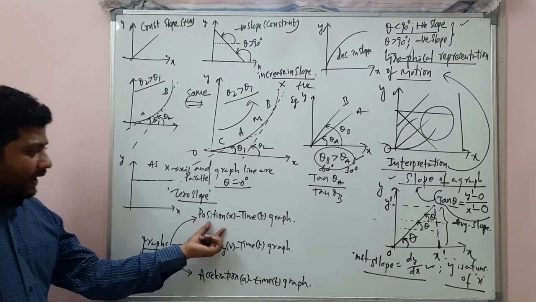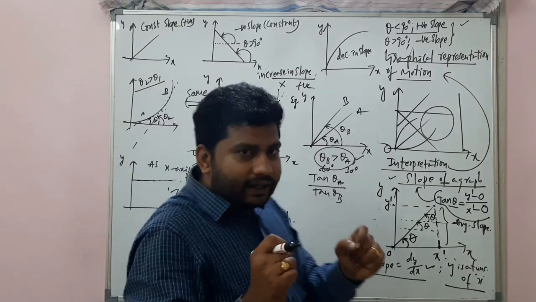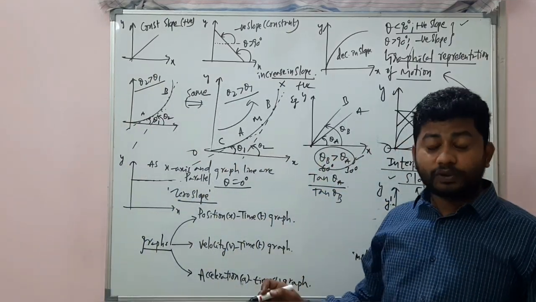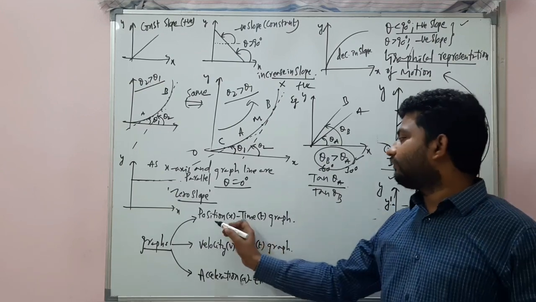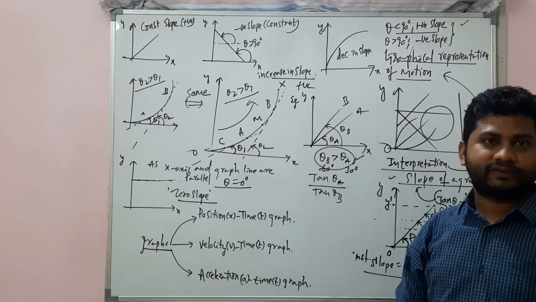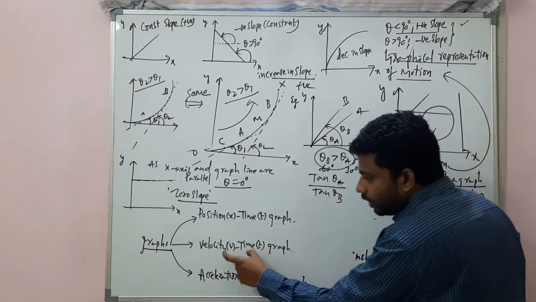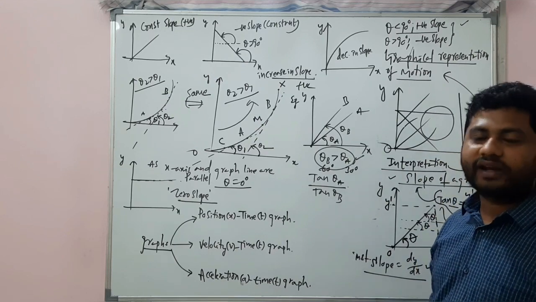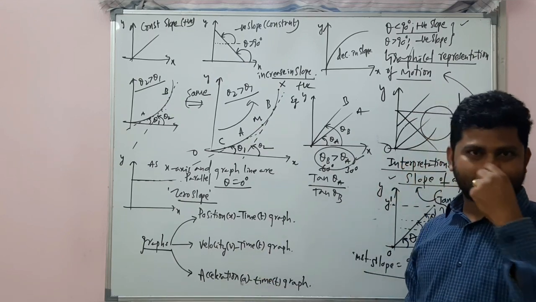Listen. At any point the position of the body can be identified by using position time graph. First point is common in all the graphs. At any point, if you want instantaneous velocity, you can find from the velocity time graph.